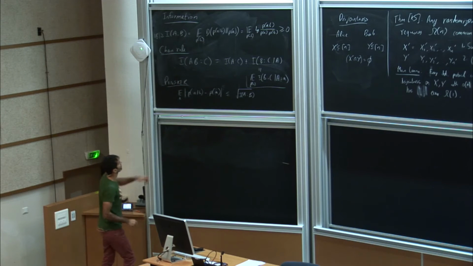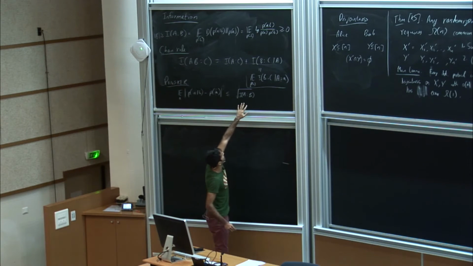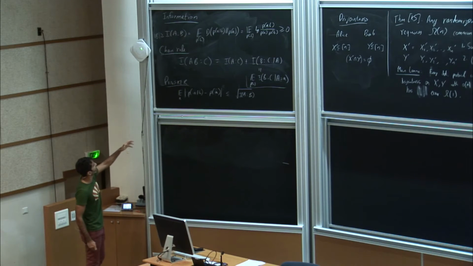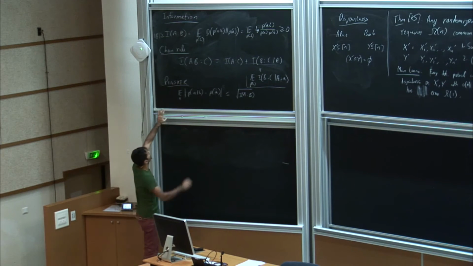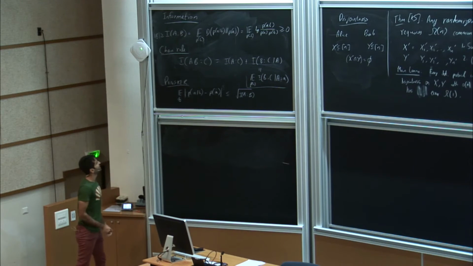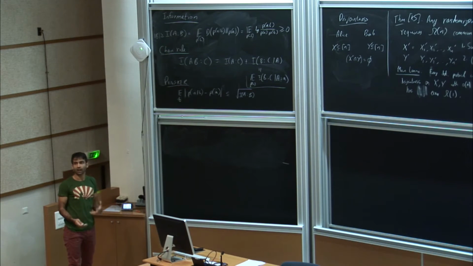In particular, if the mutual information between A and B is small, then Pinsker's inequality says that, on average, if you sample B and then look at how the distribution of A changes from what it was originally, that change is small. So the L1 distance between the distribution of A conditioned on B and the original distribution of A is going to be small.